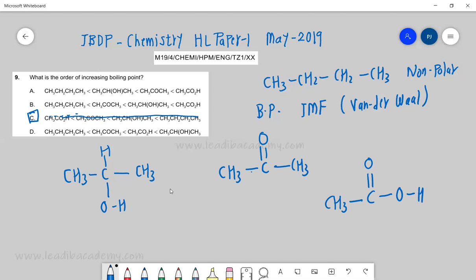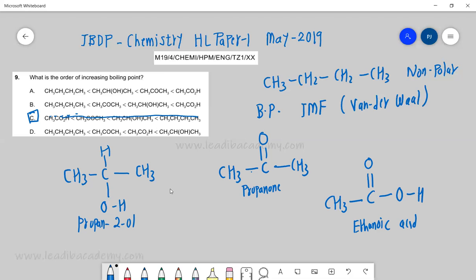This is nothing but our ethanoic acid. This is nothing but what we call propanone, and this is nothing but propanol.